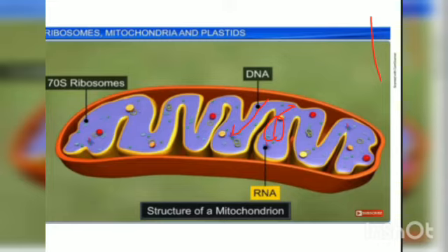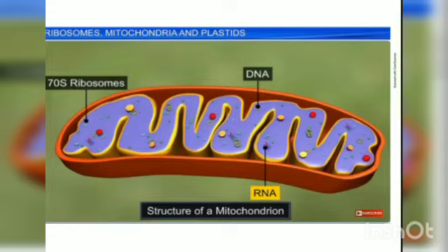And you can see inside the matrix of the mitochondria, it consists of its own DNA, its own ribosomes and RNA also. So it can produce its own protein, so it is called a semi-autonomous organelle, because to carry out all the functions it partially depends upon the nuclear DNA.